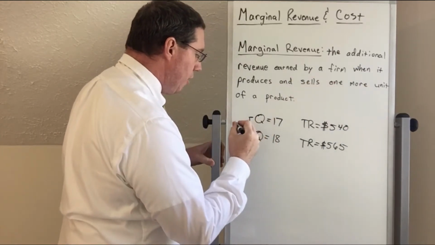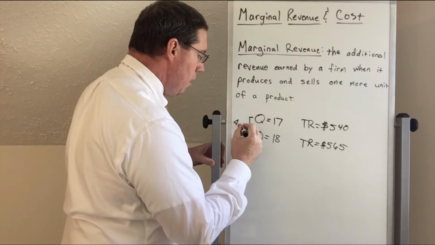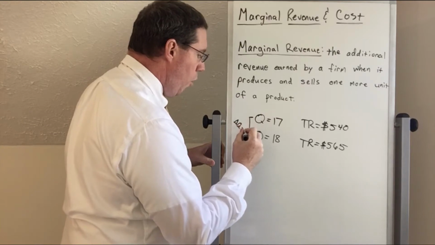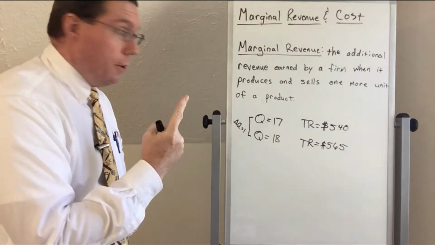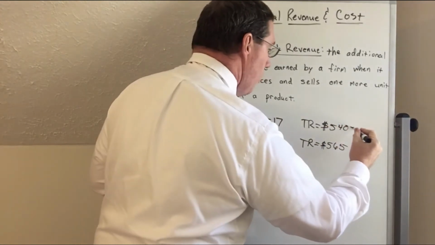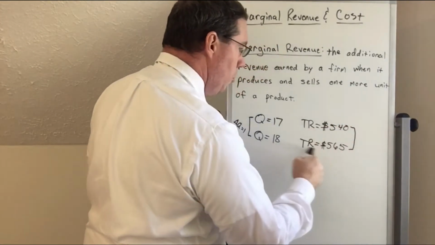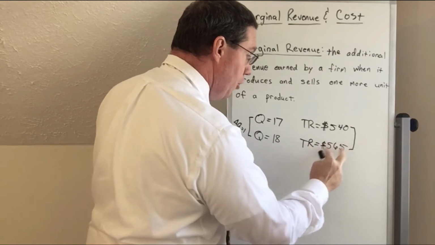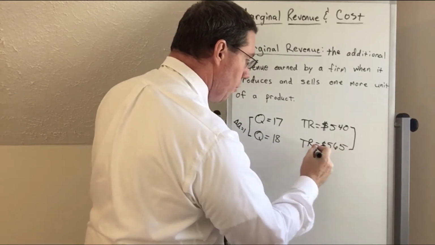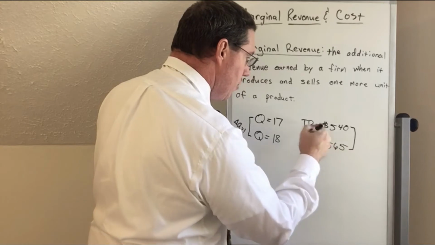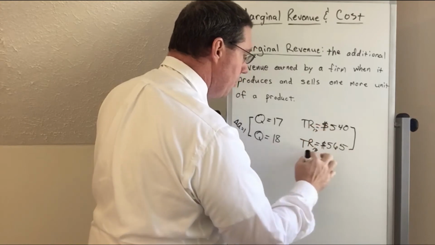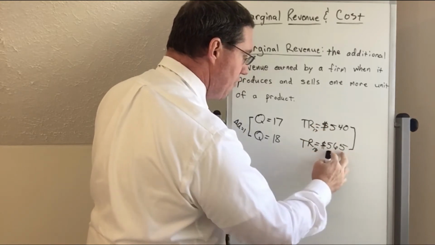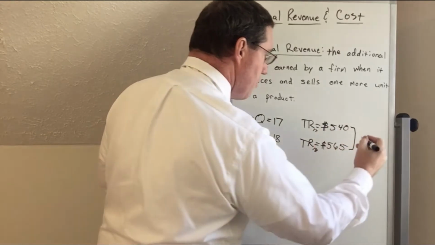Well, when you produced and sold one more unit, what is our change here? Our change in quantity is 1. We went up by 1 unit. Well, what did our revenue go up by? Our total revenue went up by 25. And the way you find that is you subtract the new total revenue. This is the total revenue for 18, and this is the total revenue for 17. The total revenue for 18 is 565 minus the total revenue for 17.